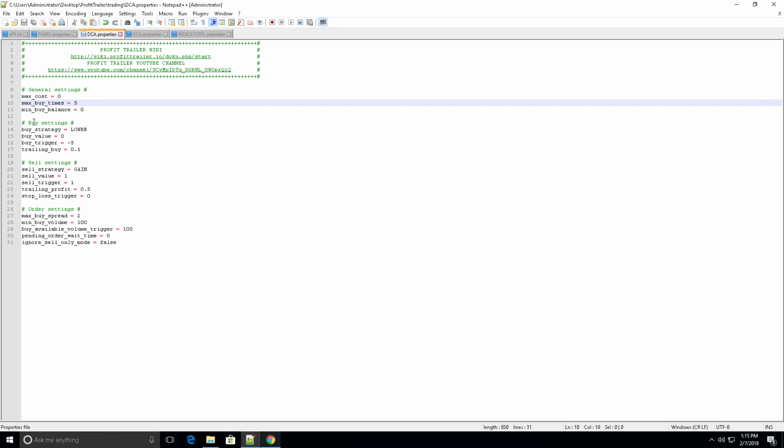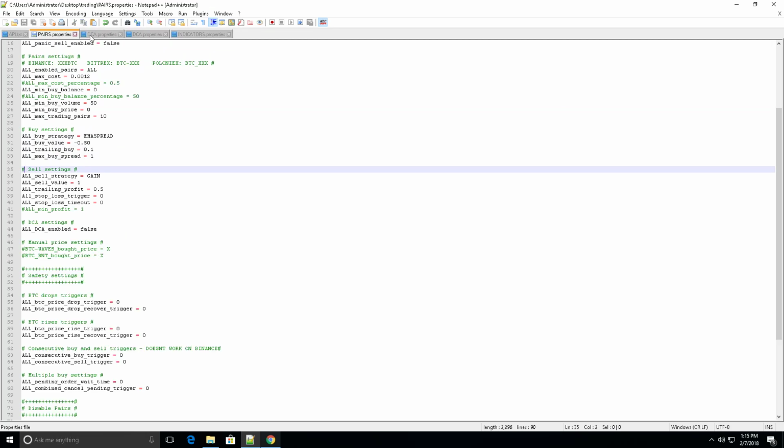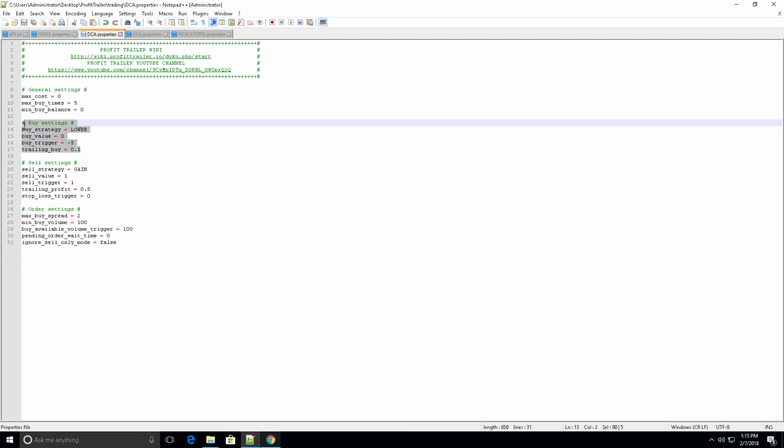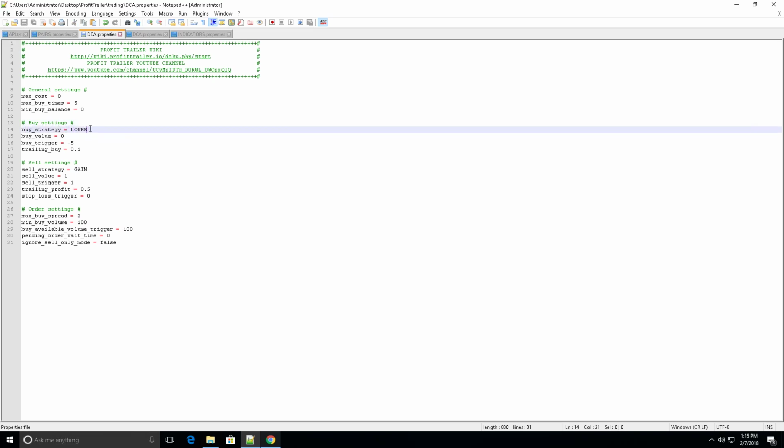Buy strategies, again, are the same as in the pairs file. The meaning of each parameter is exactly the same as in the pairs properties file, except for these buy strategies, which are in DCA.